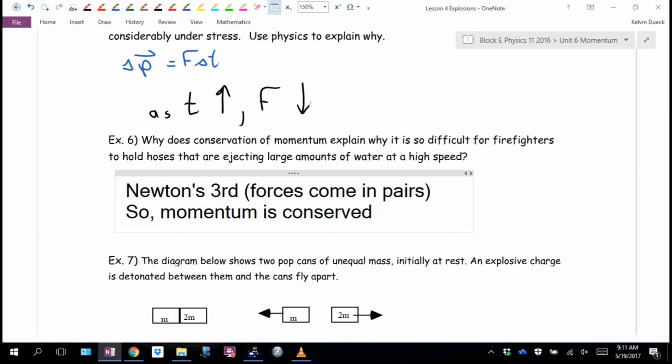If the water gets an impulse forwards, the hose gets an impulse backwards. And if you're holding on to that hose, you're the one applying the force times time. Anybody here use a fire hose before? No? Okay.